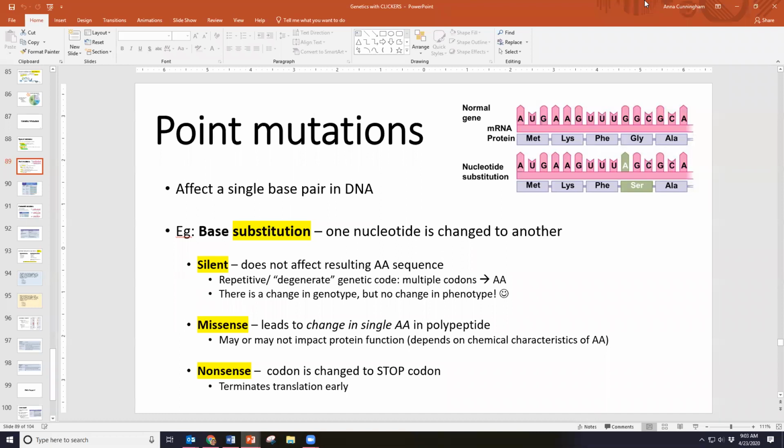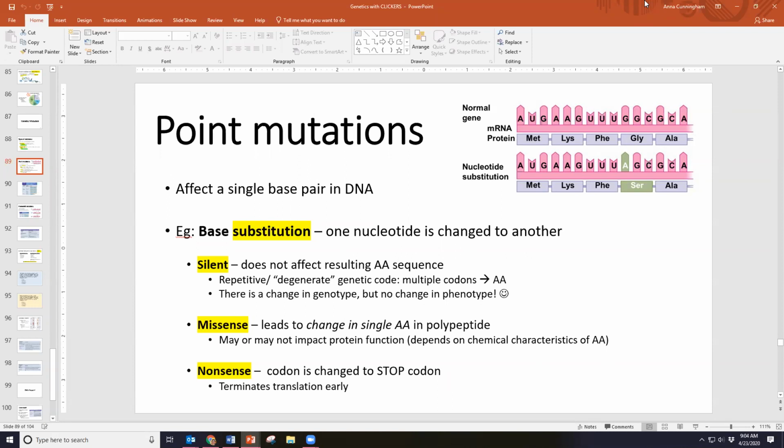This is due to the repetitive nature of the codon table, the degenerate genetic code, and the fact that we have multiple codons that code for the same amino acid. This overlap allows silent mutations, which do change the genotype, but the phenotype is not changed. The amino acid is the same.